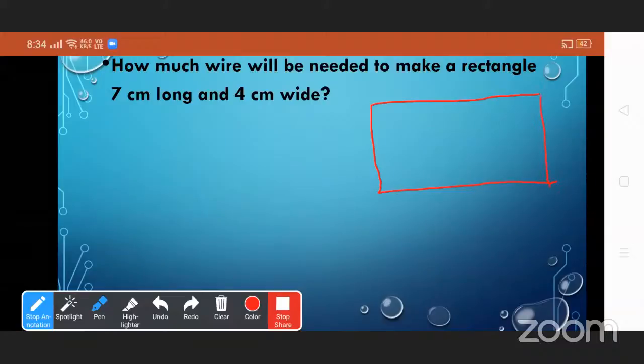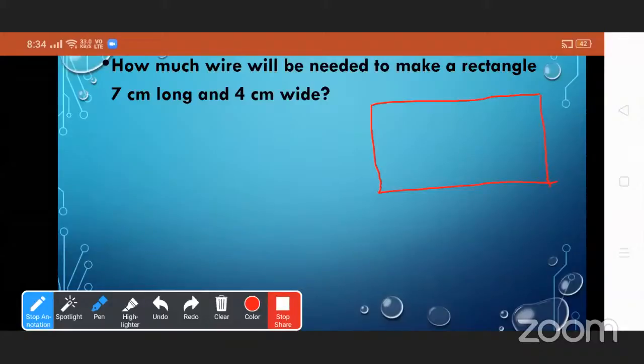These red lines are the wire. So we have to find the length of this wire, which means we have to find the perimeter of this rectangle.